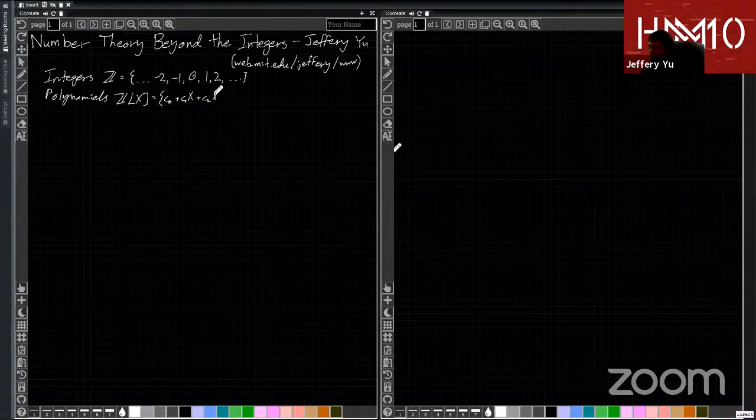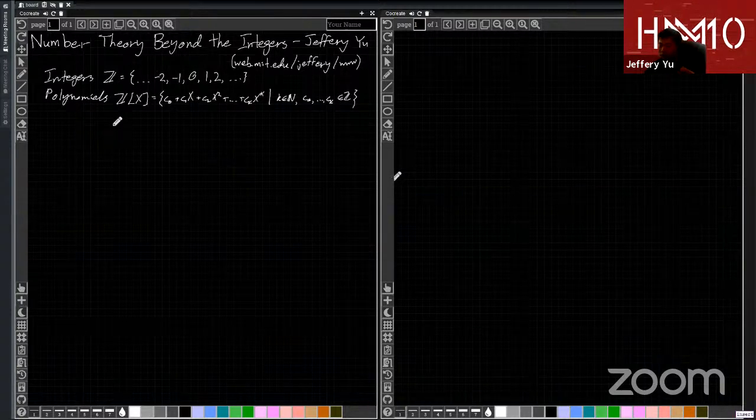You have coefficients, and x is a free variable here, right? And then k is going to be some natural number, and your coefficients will be in the integers. So these are your ordinary polynomials, and you've probably done various number theory problems that involve factoring polynomials and studying primes and stuff like that.